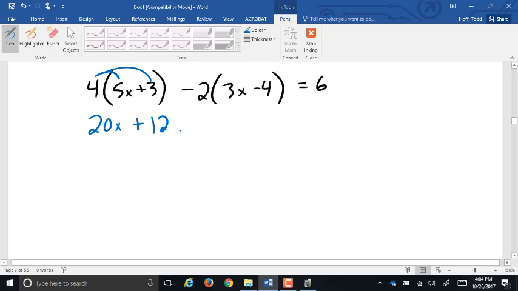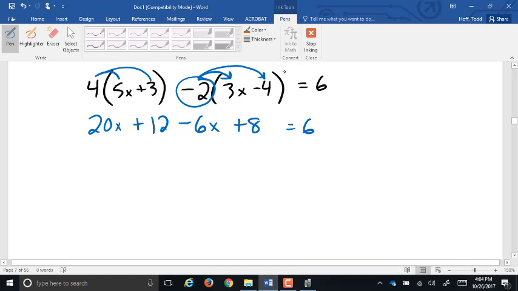And next? Negative 2 times 3x is negative 6x, and then negative 2 times negative 4 is positive 8.